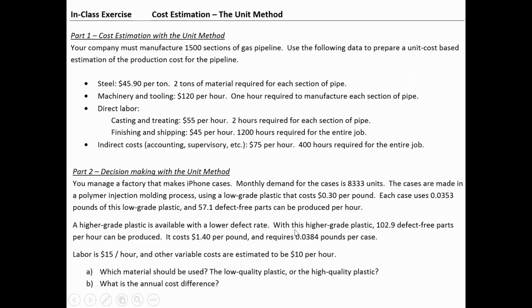So just for some practice, let's use the unit method for part 1 to come up with a cost estimate. And then part 2, we're going to try some decision making with the unit method. The unit method problems that you're going to see on the homework are essentially just word problems where you're applying common sense and a little algebra to figure out the overall cost by looking at all of the things that are going to go into a project.